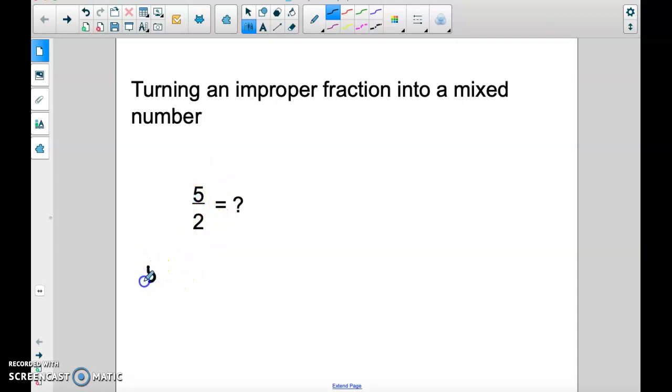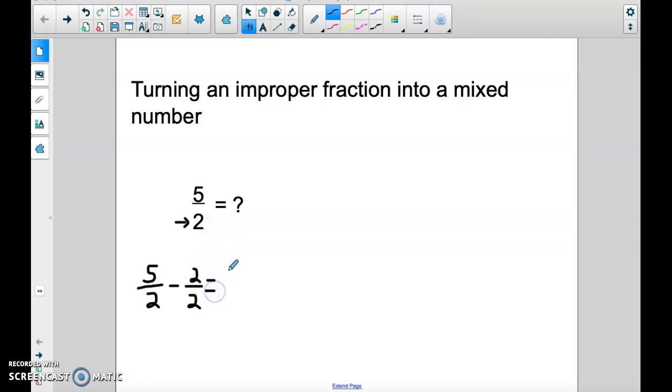So the way I like to show it is I've got 5 over 2. I'm going to take away one whole. And in this problem, one whole is equal to 2 over 2 because this denominator is 2. Okay?